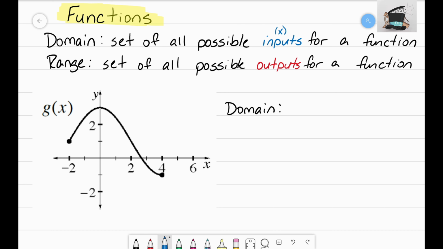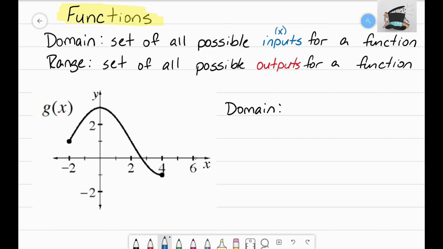And so you might be thinking, well, if I use 0, well, 0 definitely works because it's on the function. And it looks like 1 is also in the function. And 2 is on the function. And as we move along, we start to notice that every number after 0 works, right? We have 0, 1, we even have 1.5, 2, 2.5, 3, 4. But look what happens after we get past 4.